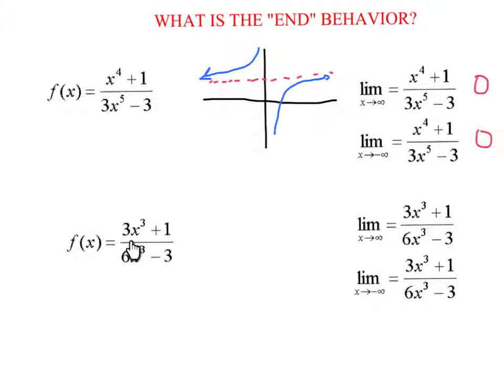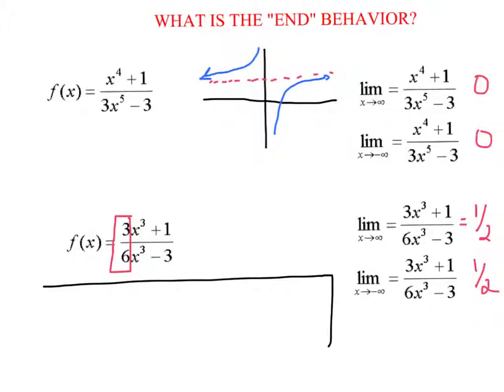Next rule, if you have the same power on the top and bottom, if you recall, you just make a fraction out of those coefficients, and again, it's the same in both directions. It's just 1/2. You have those three situations. High power in the denominator, the asymptote was always y equals 0.